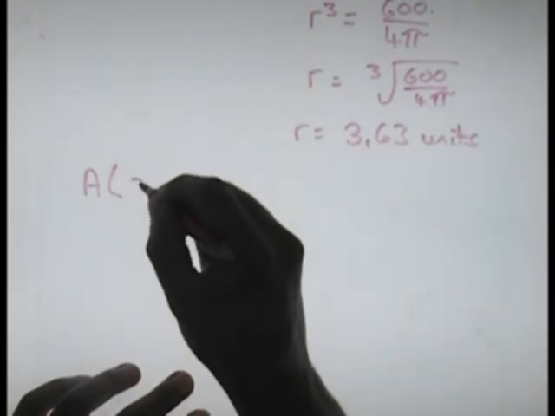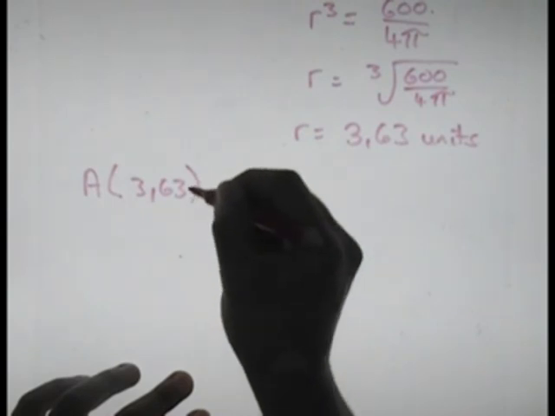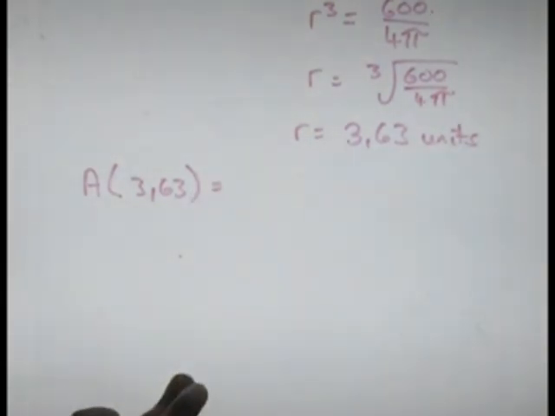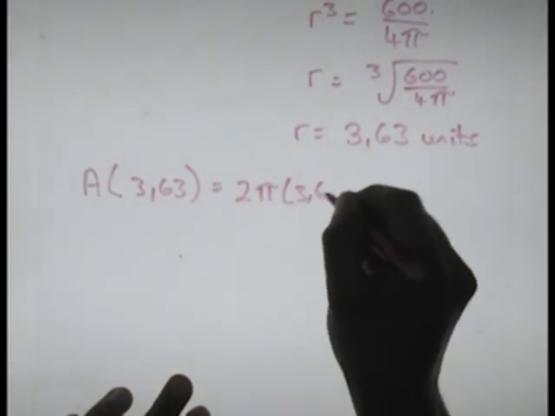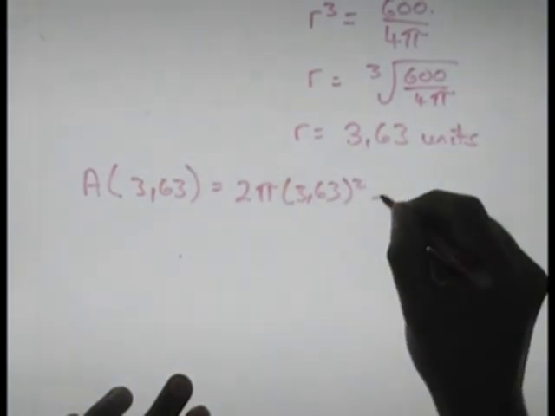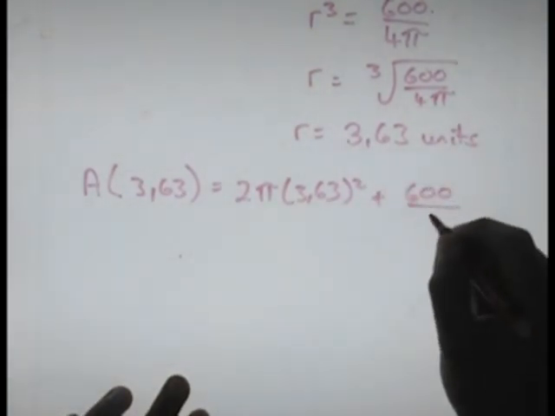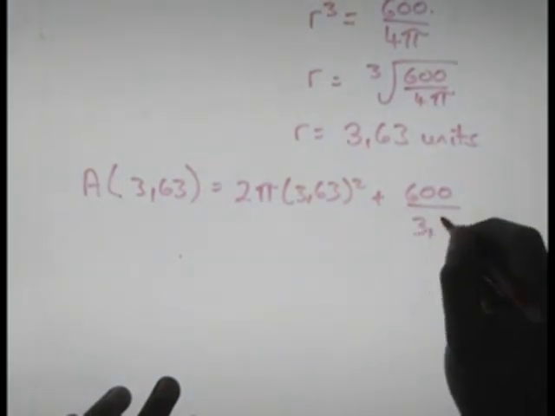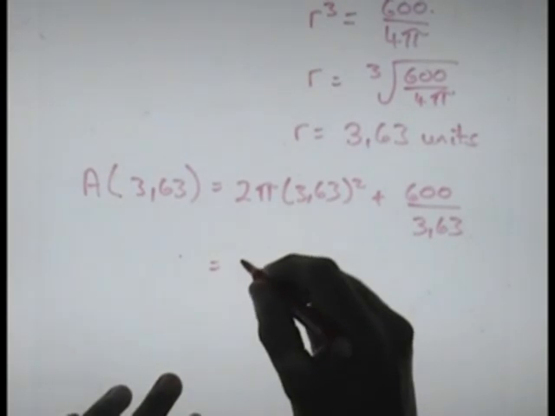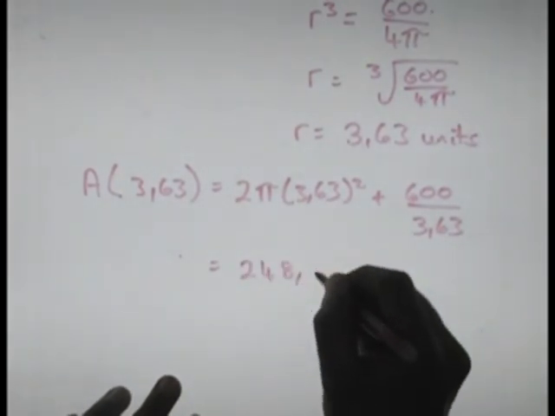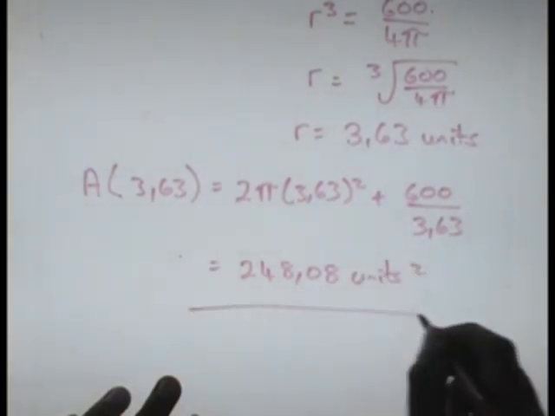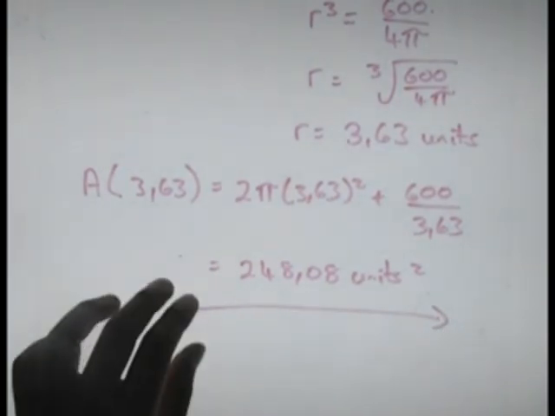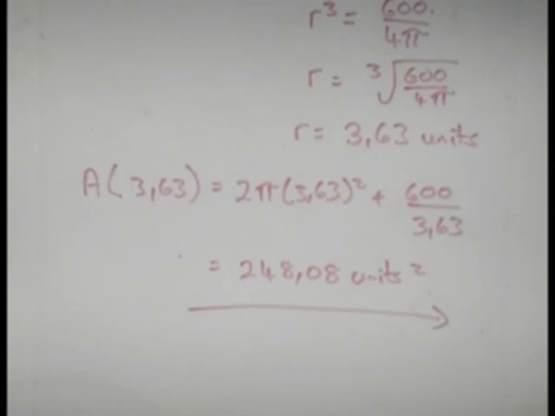So we are going to be looking for A of 3.63, which will give us our optimum surface area, which is equal to 2 pi multiplied by 3.63 squared plus 600 over r, which is 600 over 3.63, which will give us an answer of 248.08 units squared. This is our optimum area that can hold 300 milliliters of volume.